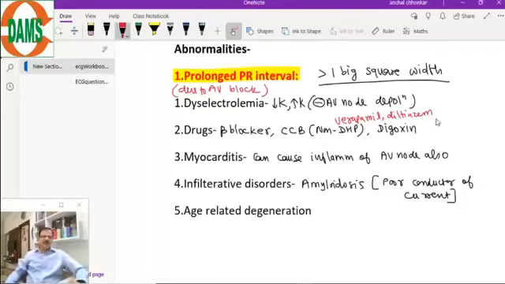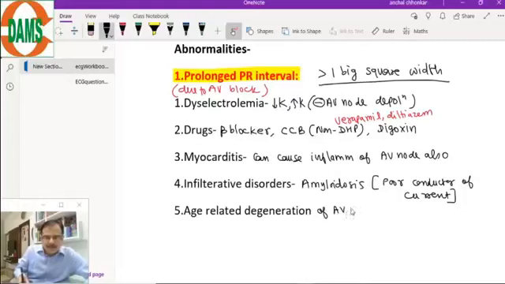And of course, age-related degeneration of AV node. Age-related degeneration. So obviously the conduction will slow down.